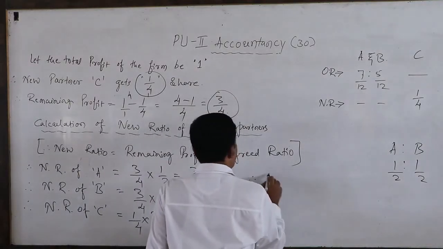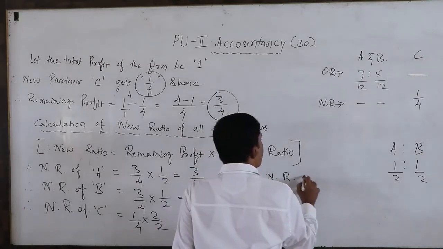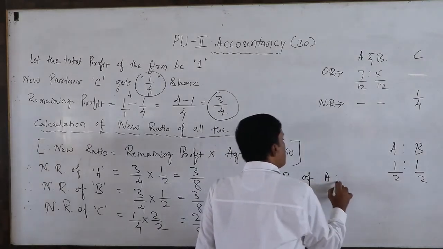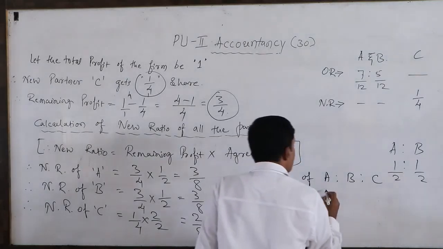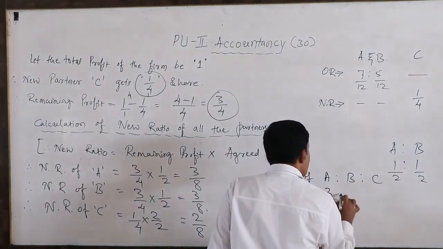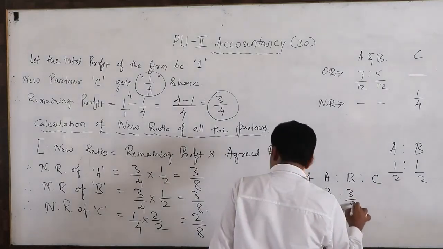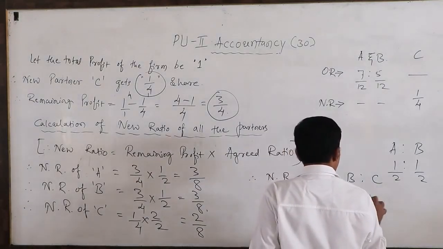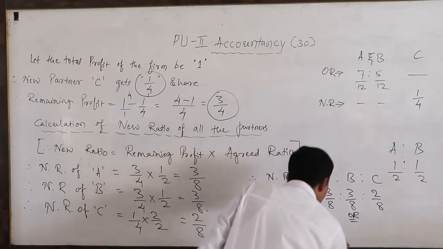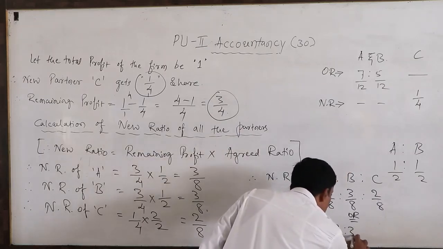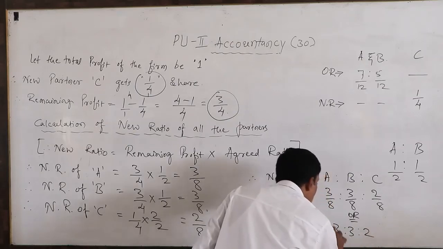Therefore, new ratio of A is to B is to C is 3 by 8, 3 by 8, 2 by 8, or we can write 3 is to 3 is to 2.